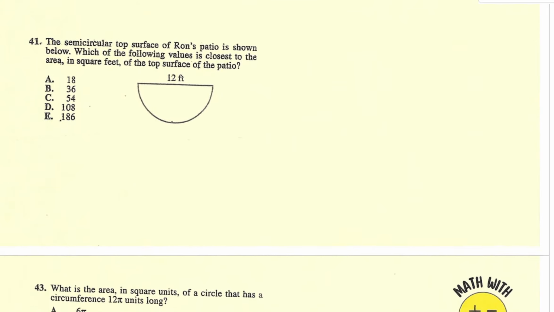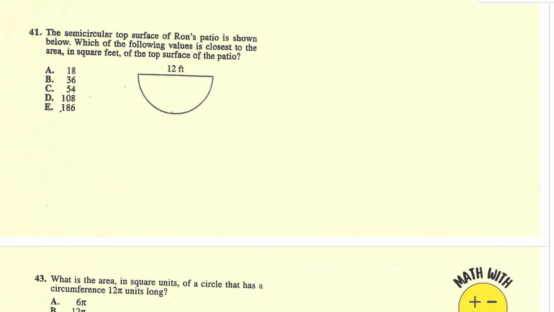Look at 41. We have a semicircular top on Ron's patio shown below. Which of the following is closest? So this is going to be a decimal answer to the top surface of the patio, and it wants area again. So area is pi r squared. We know that if this whole thing is 12, then the radius, just this much, is going to be half of that, or 6.